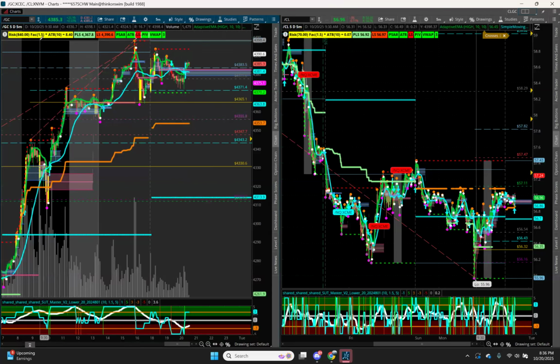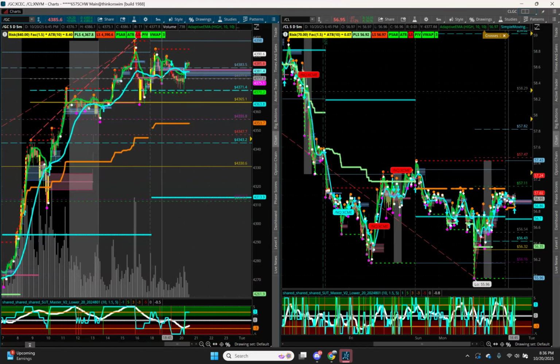Then I'm asking this indicator to multiply that number by 1.5. So if the average is 10, it's going to spit out 15. My theory is that if you're trading a 5-minute chart and your stop size is 1.5 times the average move every 5 minutes, that's a reasonable stop size to have.